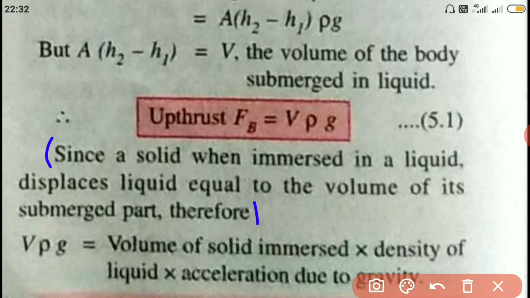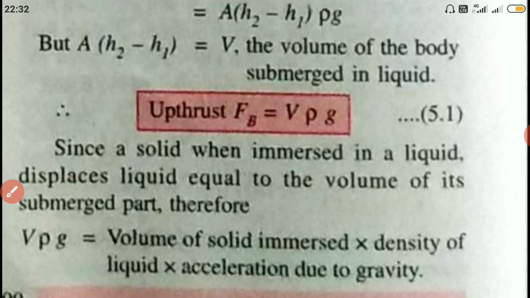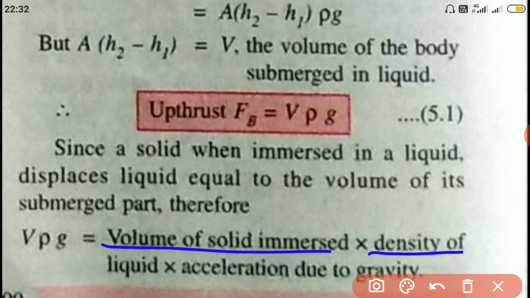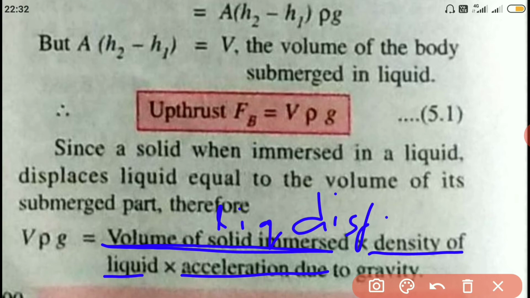So the volume of the immersed part or the submerged part should be equal to the volume of the liquid displaced. Now V rho g should be equal to the volume of the solid immersed, multiplied by the density of the liquid multiplied by acceleration due to gravity. This particular word can be changed into volume of the liquid displaced, because they are the same.